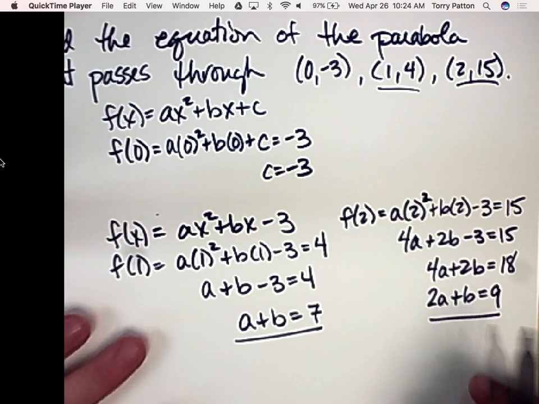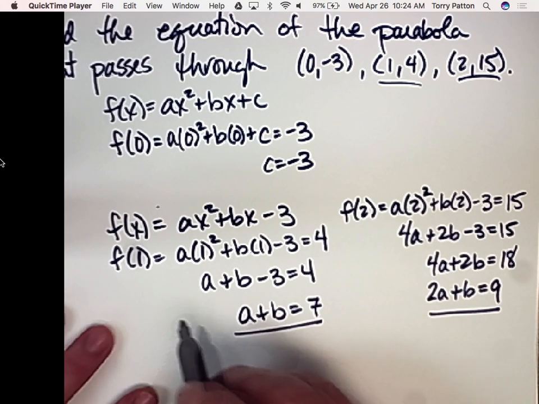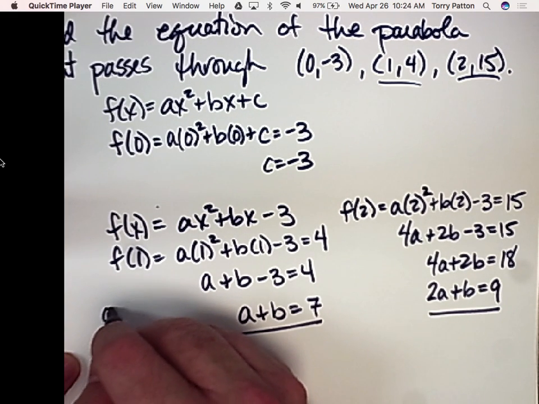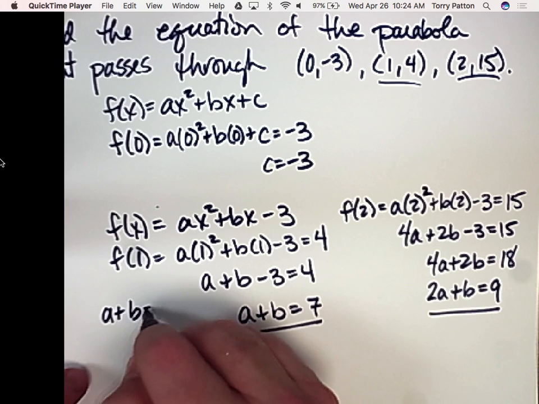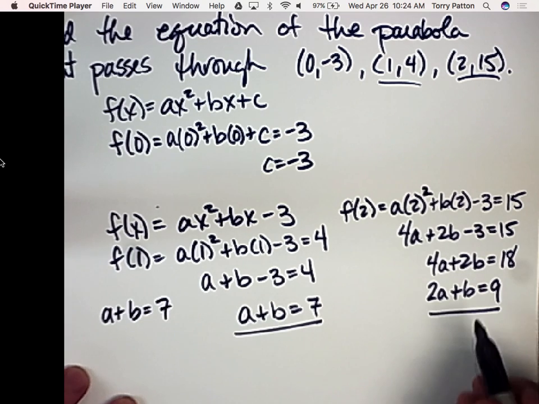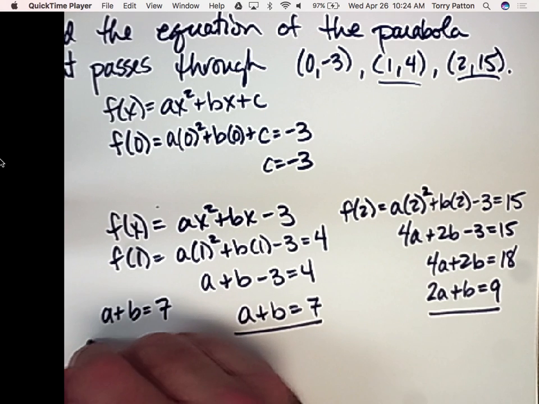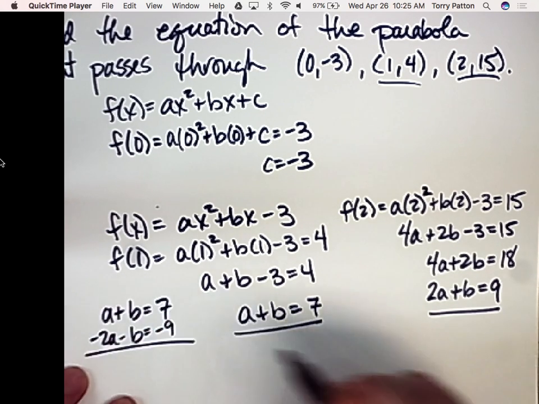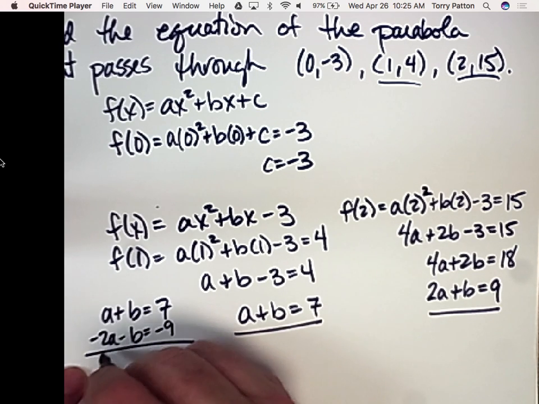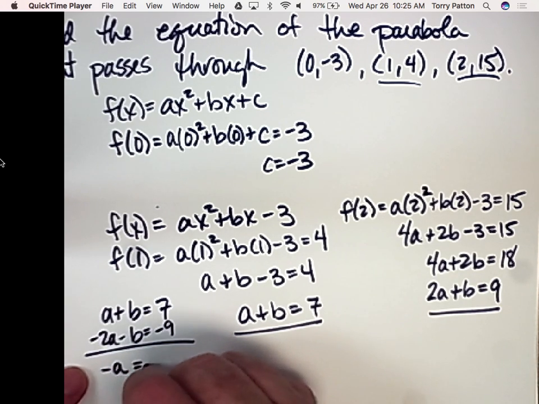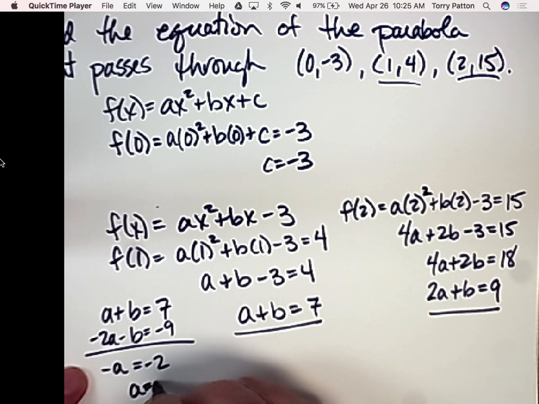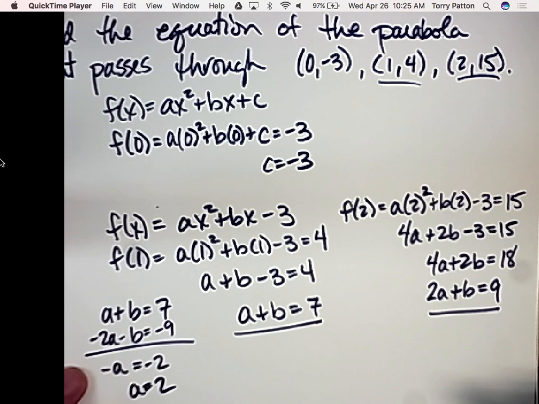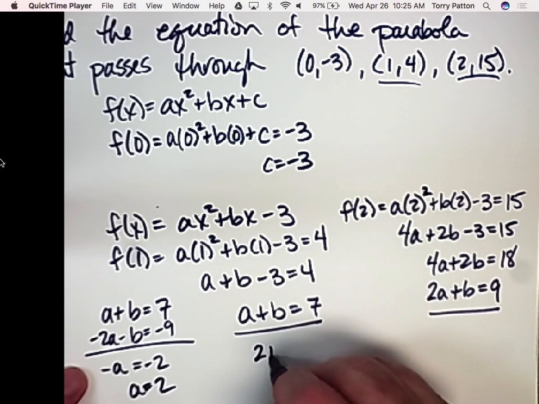The easiest for me is elimination here because you've got a plus b equals 7, right? And if you do a negative times this, you've got negative 2a minus b equals negative 9. You add those, and negative a equals negative 2, so a is 2, right? Then go here. 2 plus b has to equal 7, so b is 5.